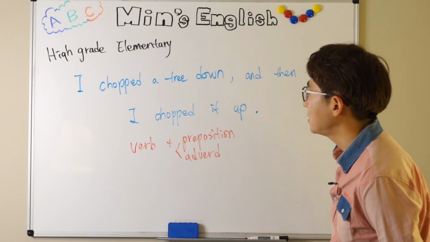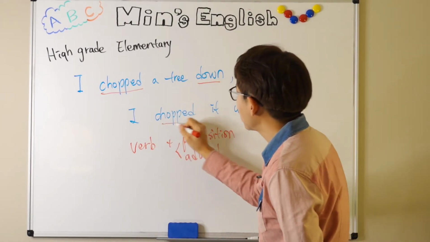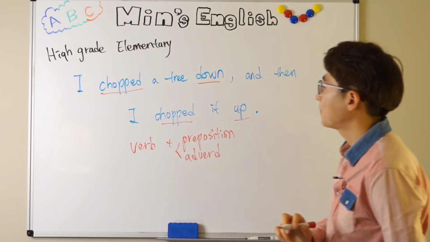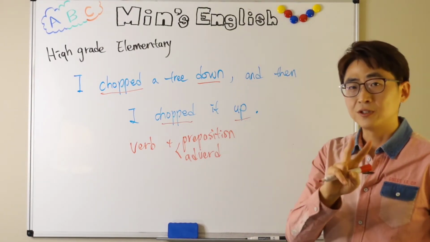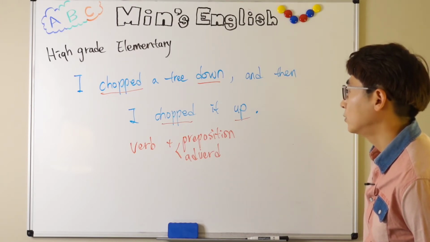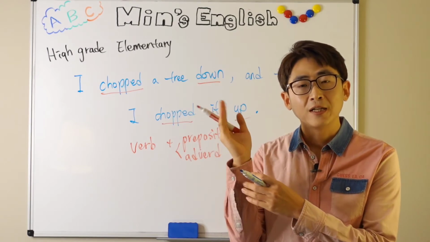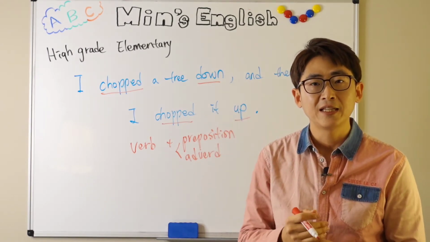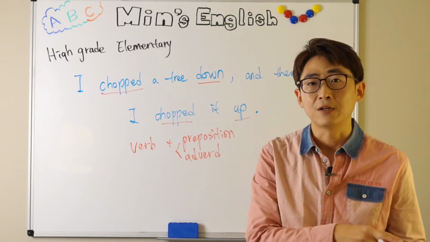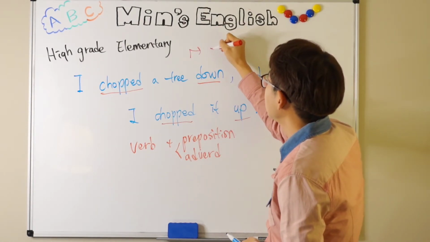For example, here we have chop something down and chop something up. And they have different meanings. First, I chop the tree down means I use my axe to cut it and then the tree fell down. That's what chop down something means.